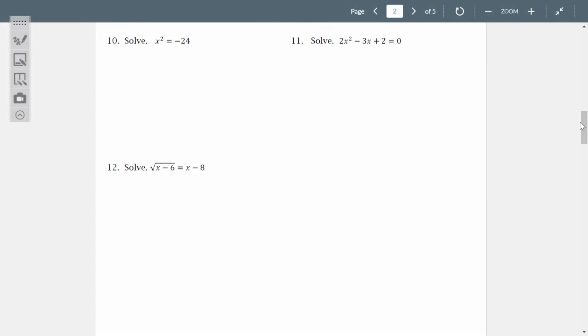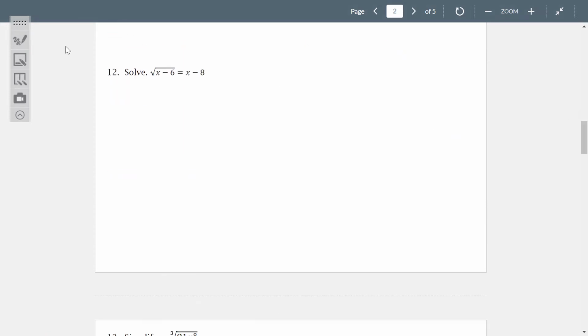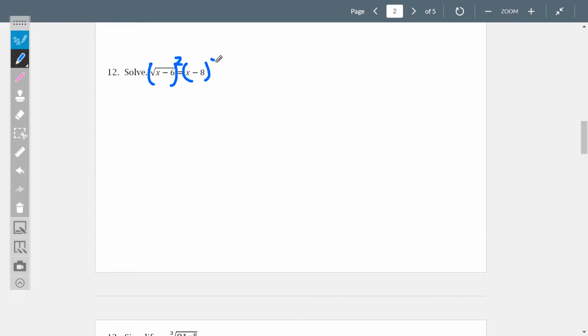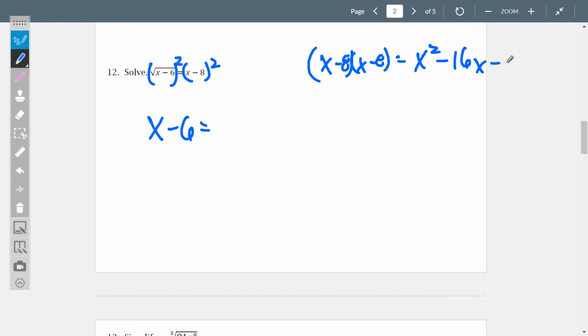Number 12, the square root of x minus 6 equals x minus 8. So we need to get rid of the square root, so we square both sides. So you get x minus 6 equals x minus 8 squared. x minus 8 times x minus 8 is what that is, which is x squared minus 16x plus 64. Now we need to set this equal to 0 since it's a quadratic, so subtract x, add 6.